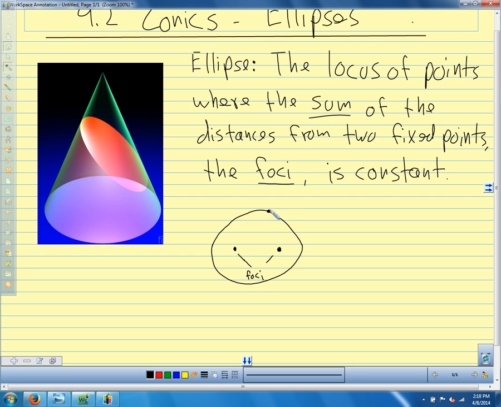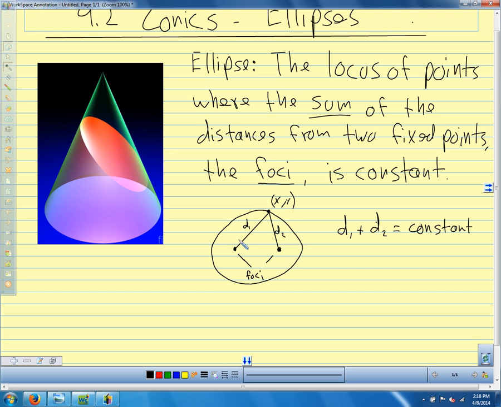And we have this point on our ellipse, this point (x, y), and we're saying that the distance from the one focus, we'll call that d1, and the distance to the other focus, d2. We're saying d1 plus d2 is a constant. So that's how we're going to define our ellipse.